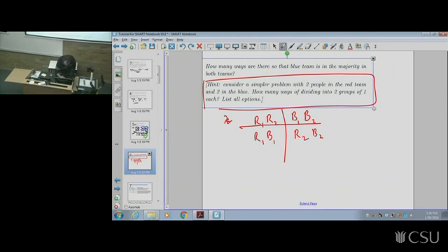Well, we have the first red guy with the second blue guy. That's different. What else might we be tempted to do? We might be tempted to say, well, let's put the B1, B2 and R1, R2.